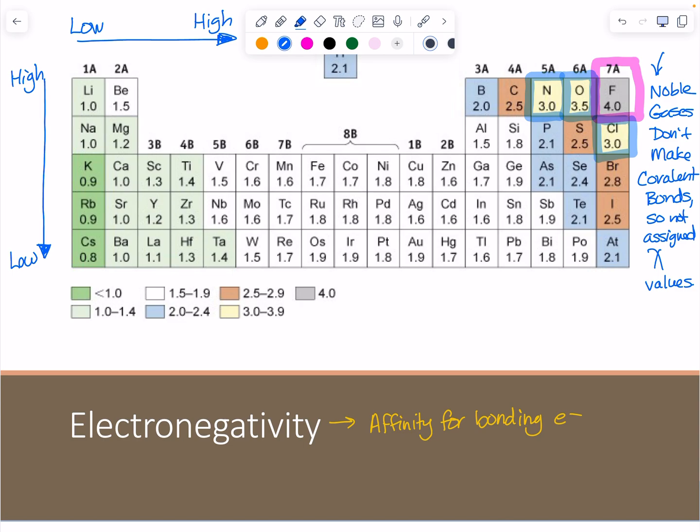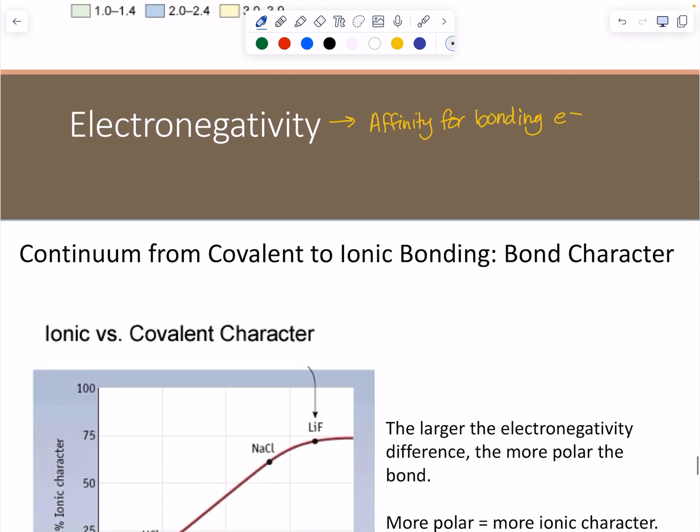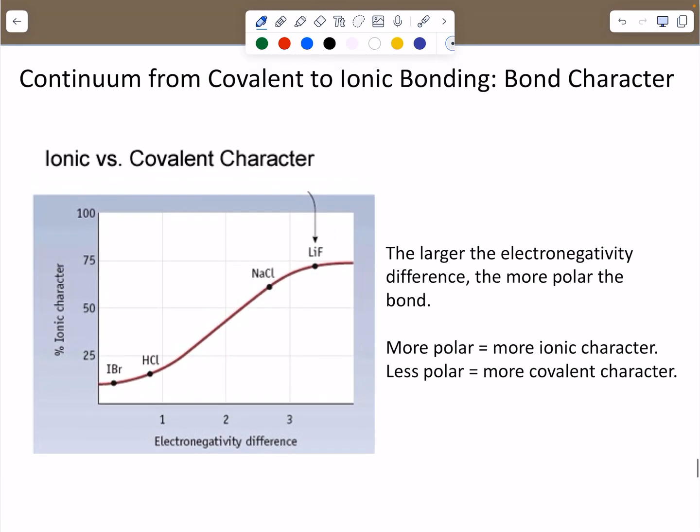Now, we will talk about things being ionic, covalent, nonpolar, polar. And we put things in categories like that, but realize that every time we make a chemical bond, it exists somewhere on a continuum. So there's really no such thing as a pure ionic bond. Even lithium fluoride has some sharing going on, okay?